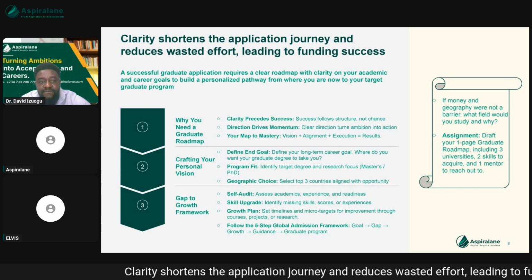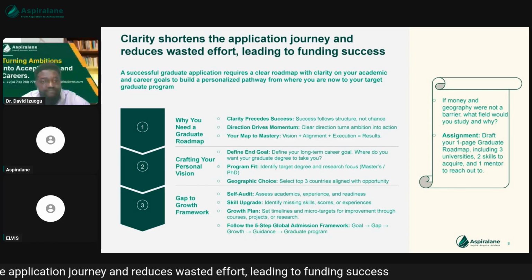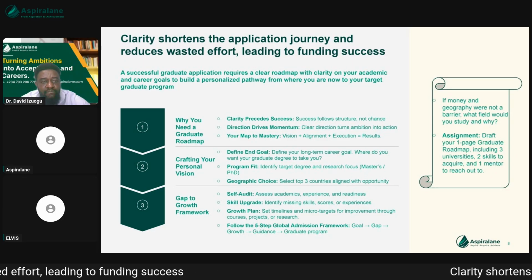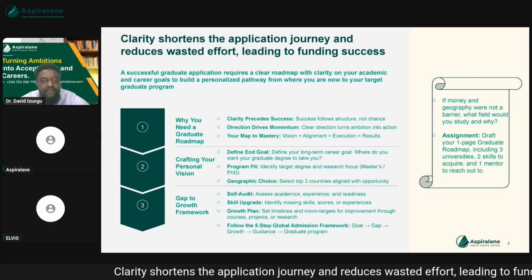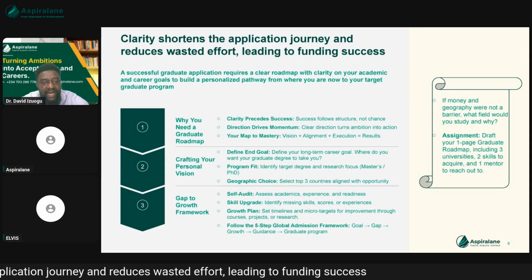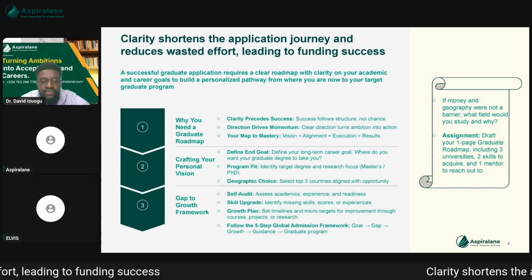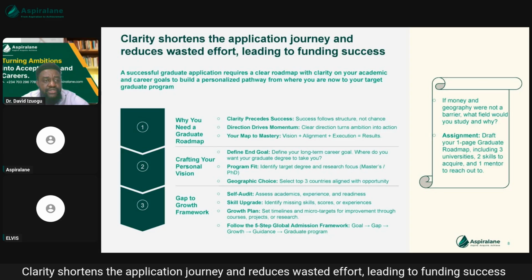What that means is that with that clear roadmap you've built around your vision, clarity and a sense of direction drive your momentum towards a successful application, combined with a vision that is in alignment with your program of study. Once you do that and support it with full execution, that in most cases precipitates your result, right?